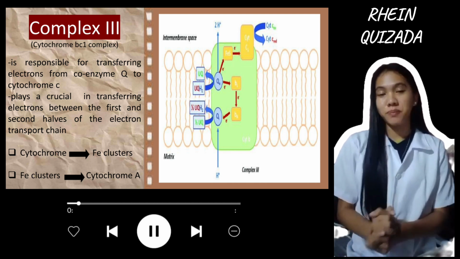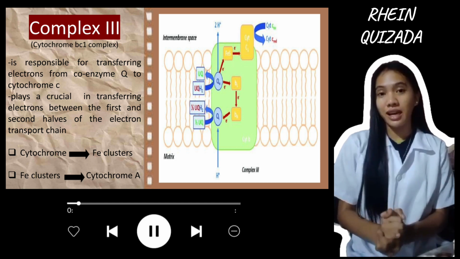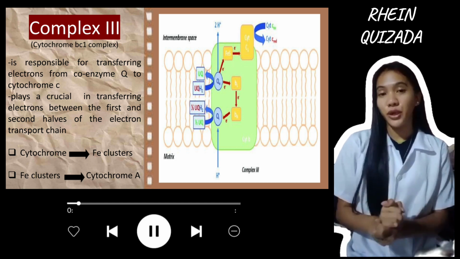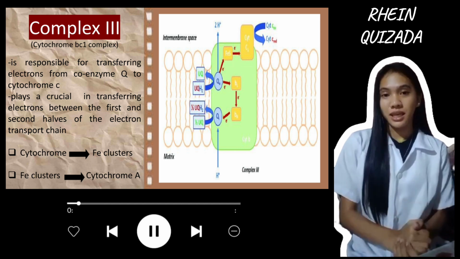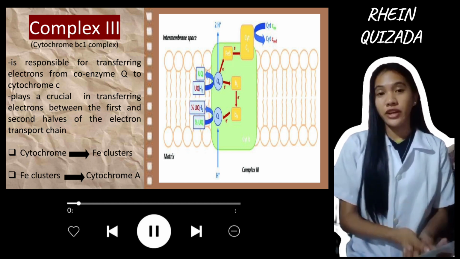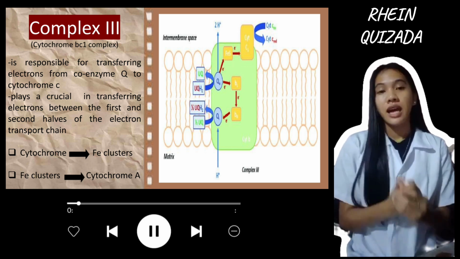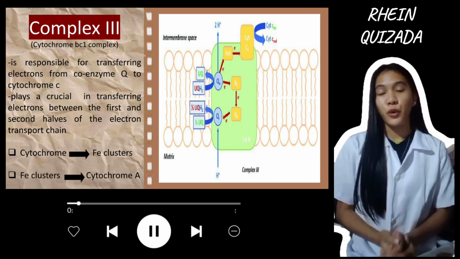The cytochrome BC1 complex is responsible for transferring electrons from coenzyme Q to cytochrome C. It plays a crucial role in transferring between the first and second halves of the electron transport chain.